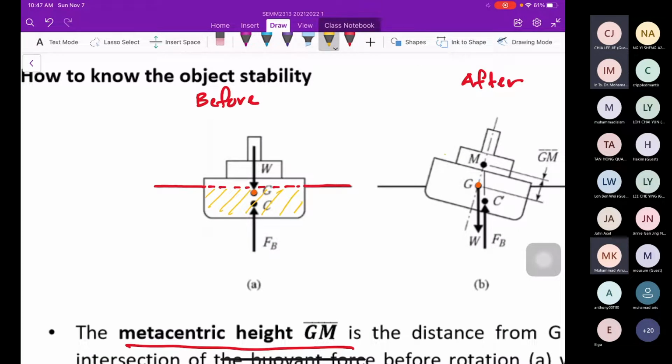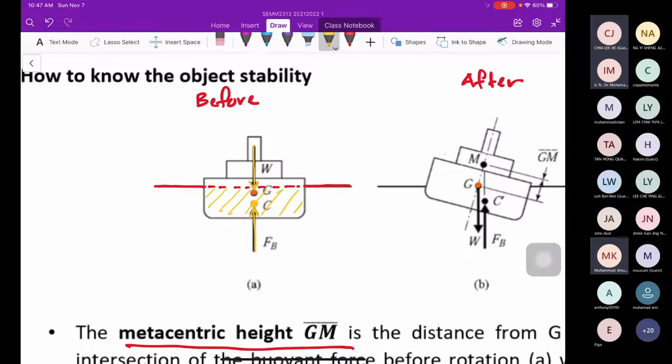So where is the centroid? The centroid is at the center of this place. So we define the buoyancy force acting at the centroid, and the weight of the object acting at the center of gravity, G. This is before.